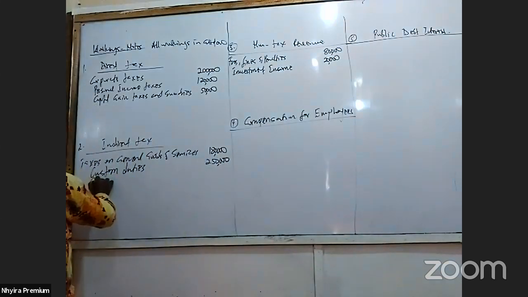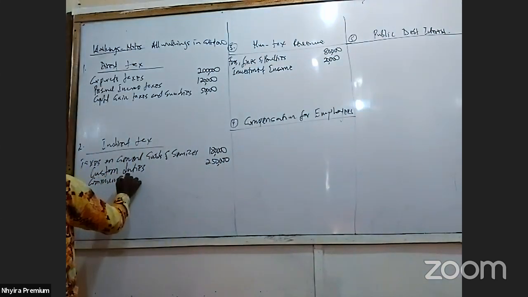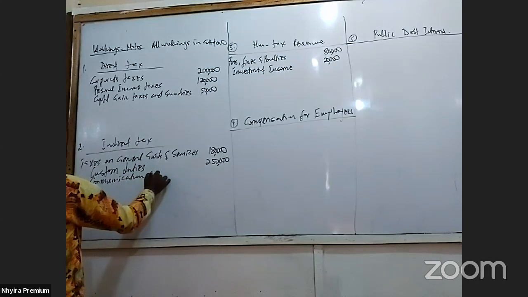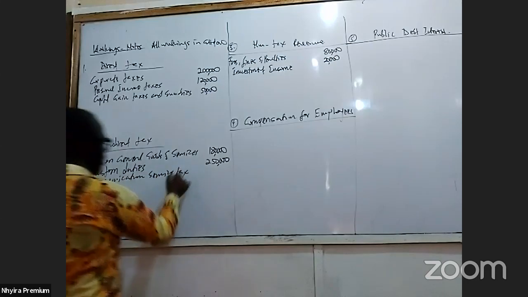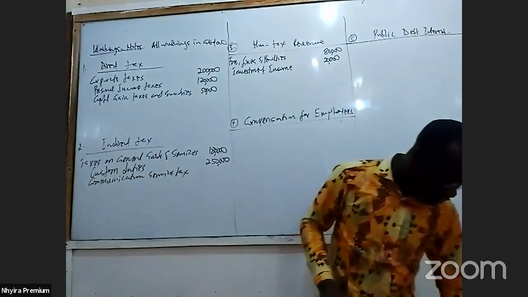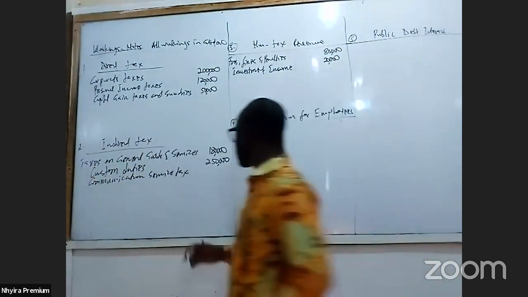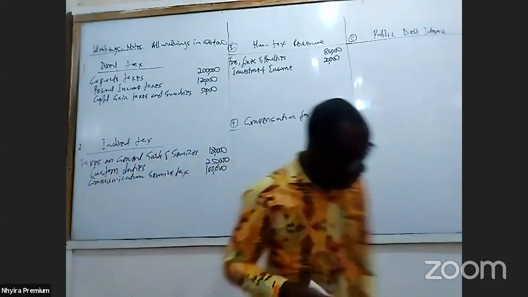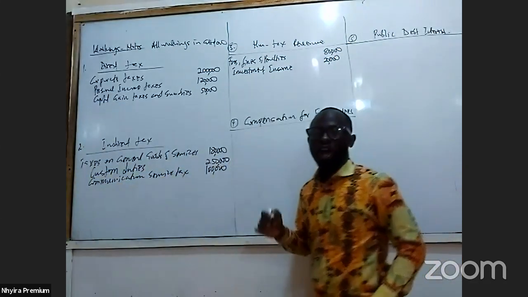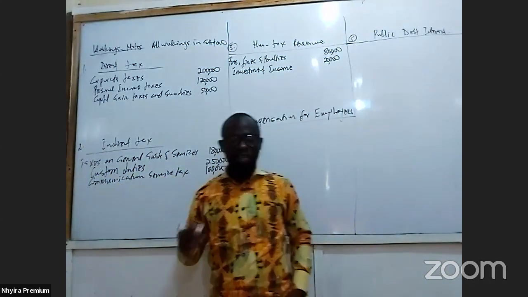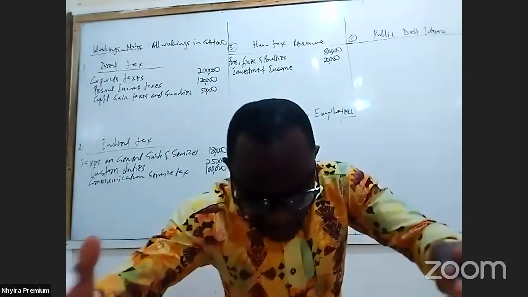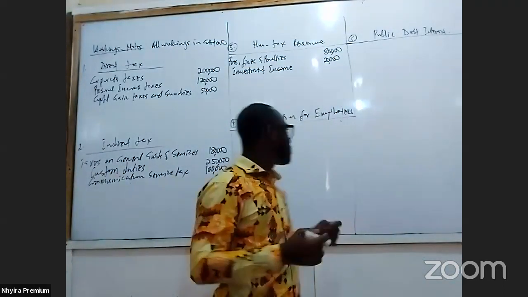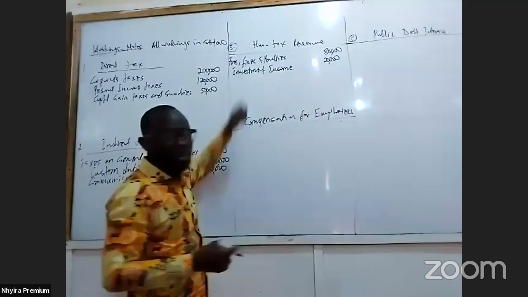Communication service tax. That is given to us as 100,000 Ghana cedis. Next one is royalties. Royalties is also part of the income that the government receives, and so that will go under non-tax revenue.